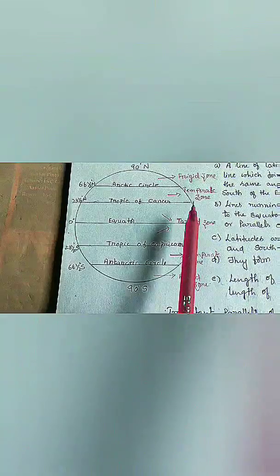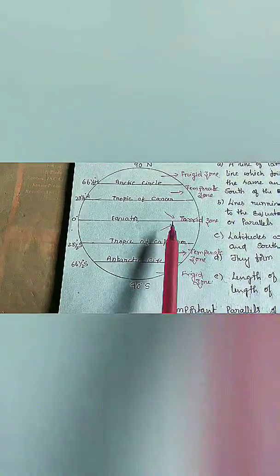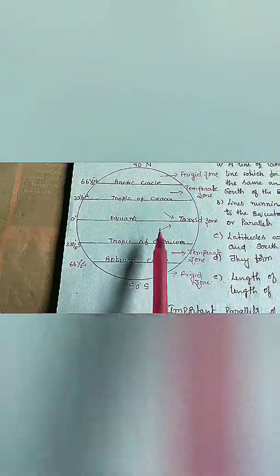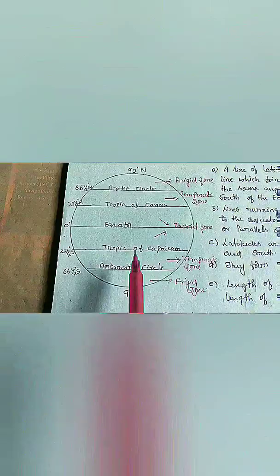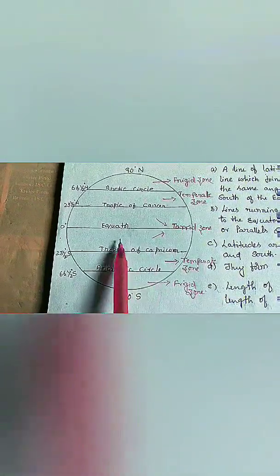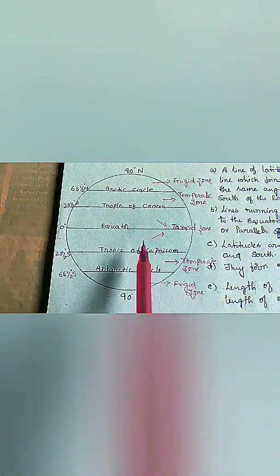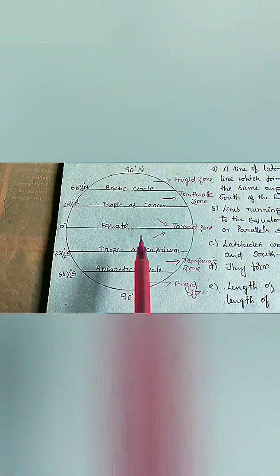These lines of latitude divide the Earth into distinct heat belts. The lines of latitude indicate the general climate of the area by applying the principle of heat zones or thermal zones of the Earth.